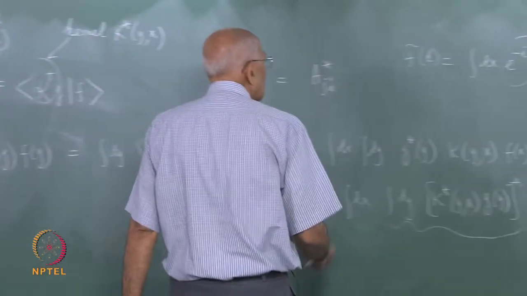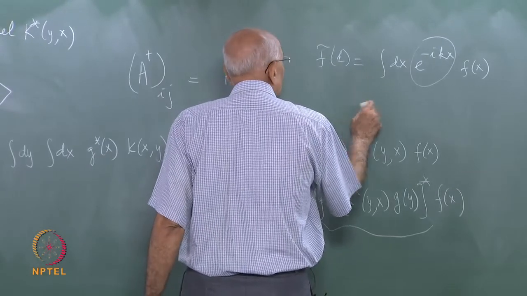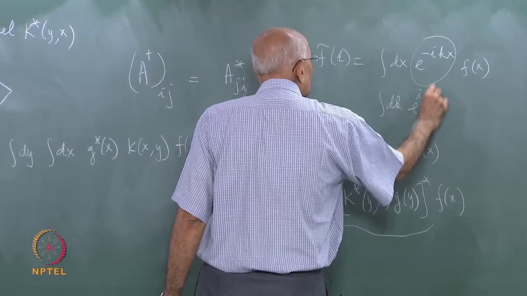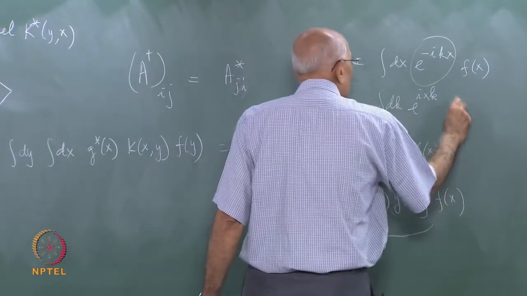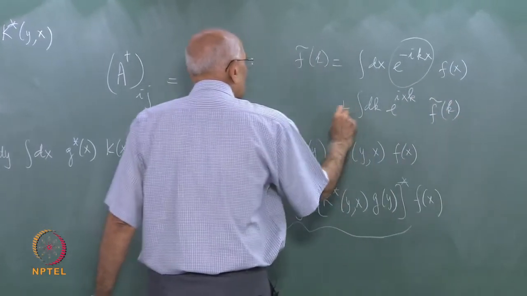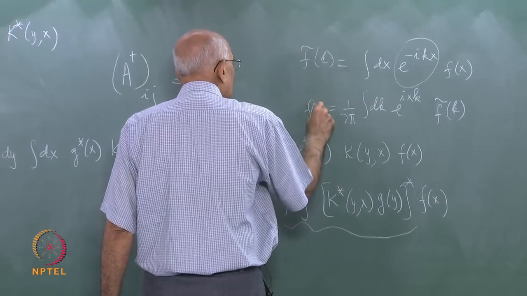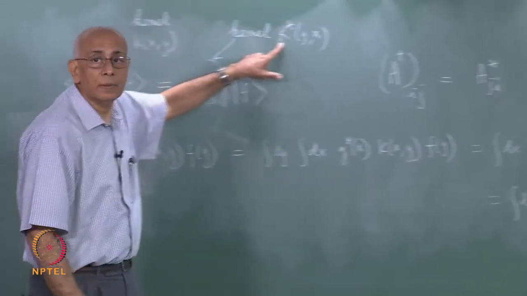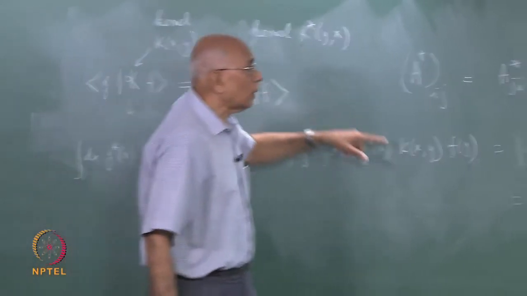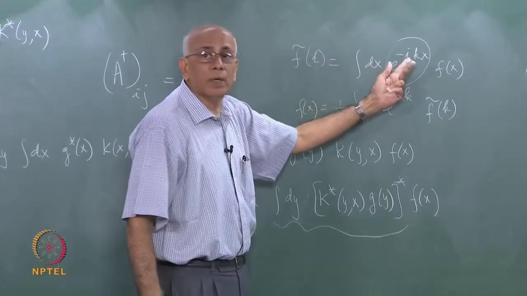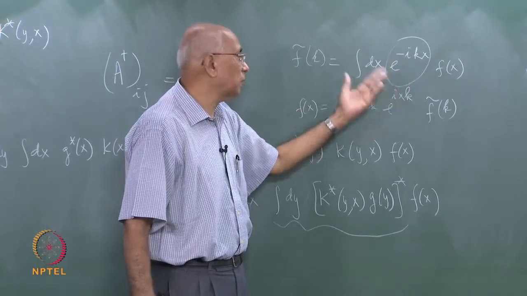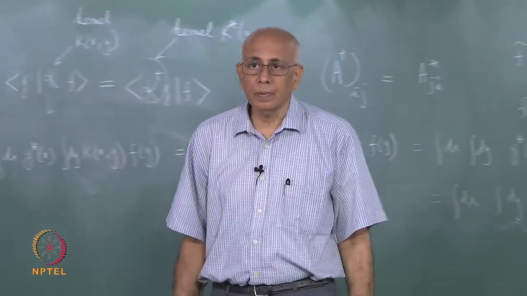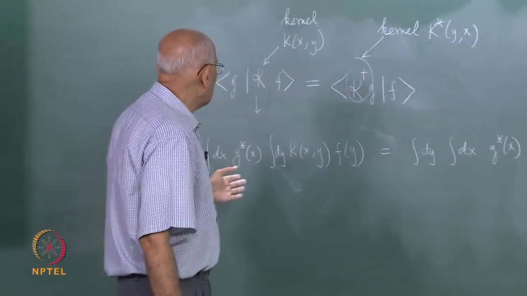So the other kernel was, apart from this 2 pi factor, you had dk e to the ixk f tilde of k. That is what has happened here. So I took this kernel and I inverted it, I flipped x and k, that does not do anything, and then it is e to the i x k, complex conjugate transpose. But that is what has turned out to be the adjoint.